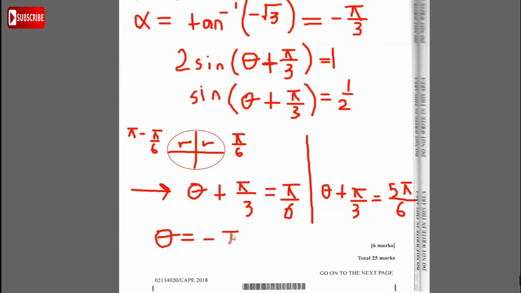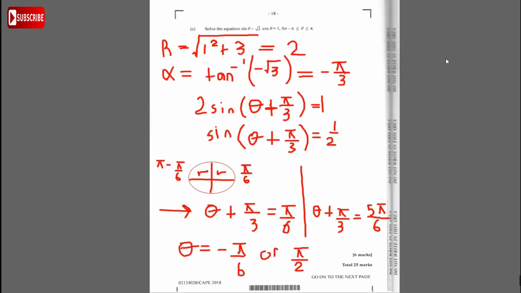So that's one possible answer for theta, minus pi by 6. Or the next answer is 5 pi by 6 minus pi by 3, and I get pi by 2. So theta equals minus pi by 6, or theta equals pi by 2.